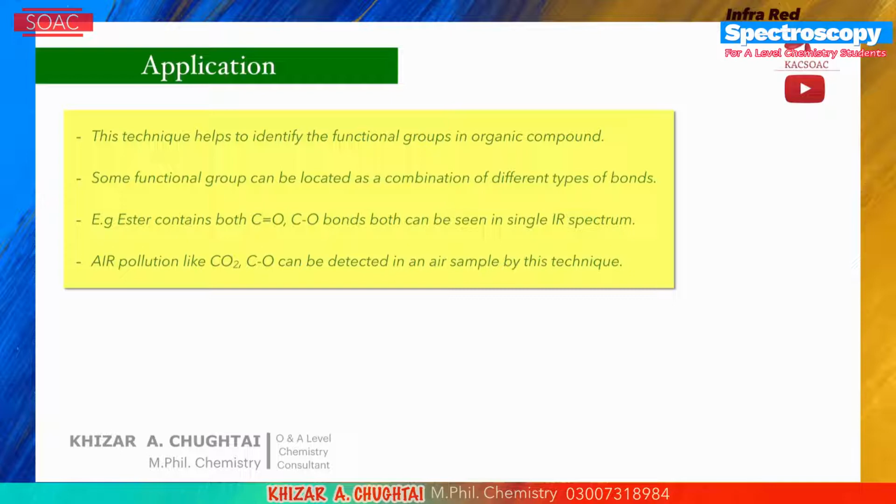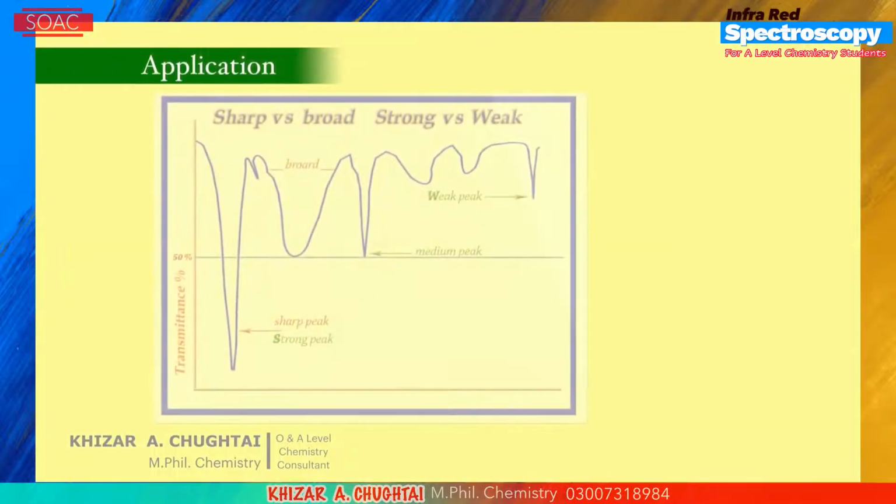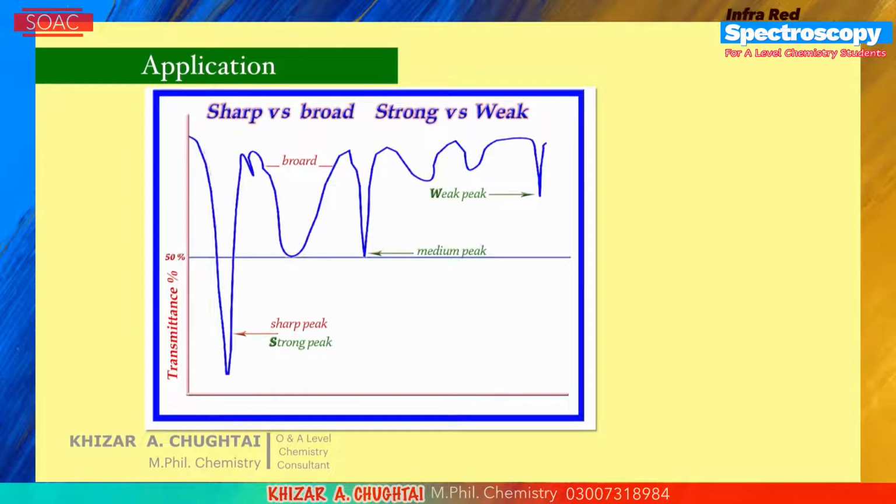Carbon monoxide, C triple bond O, and CO2 are two pollutant gases. These can also be checked with the help of this technique, which is said to be IR spectroscopy.